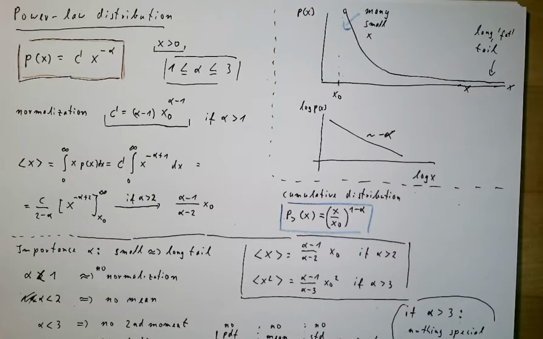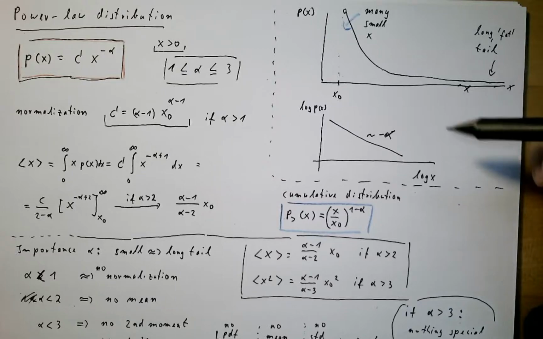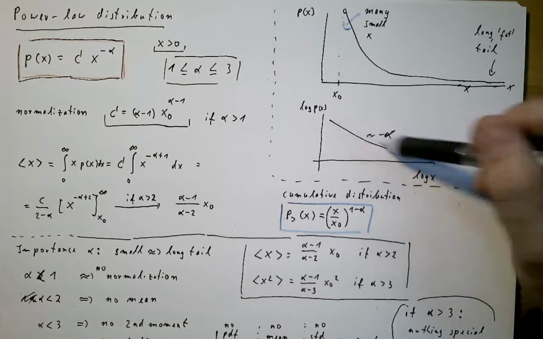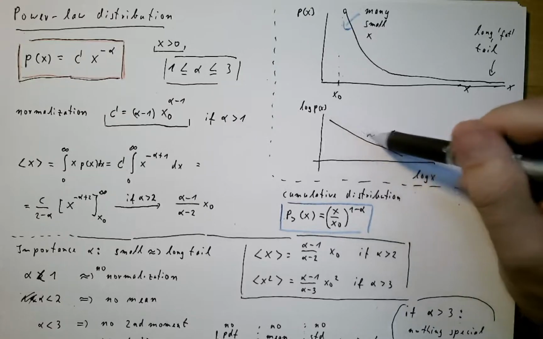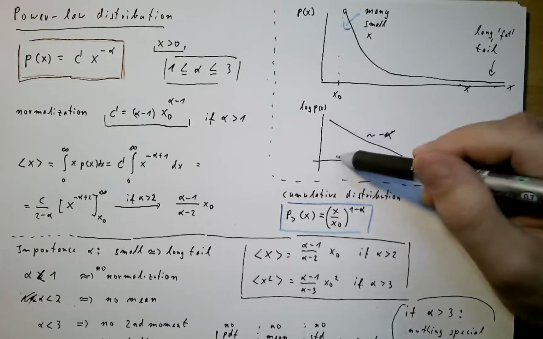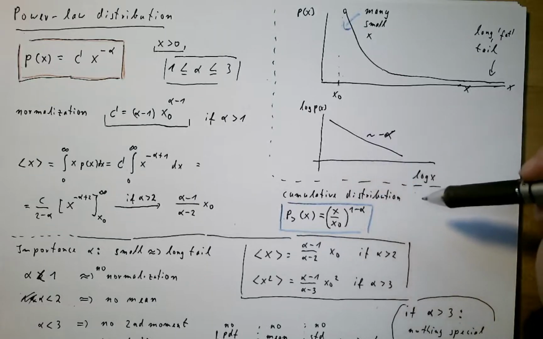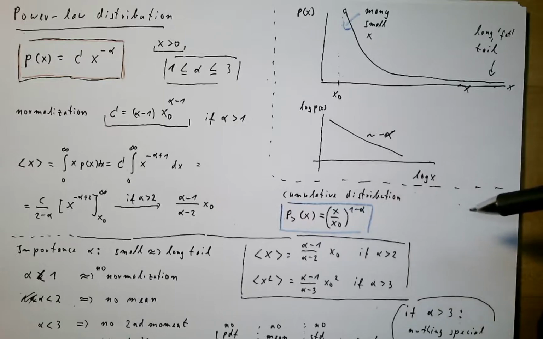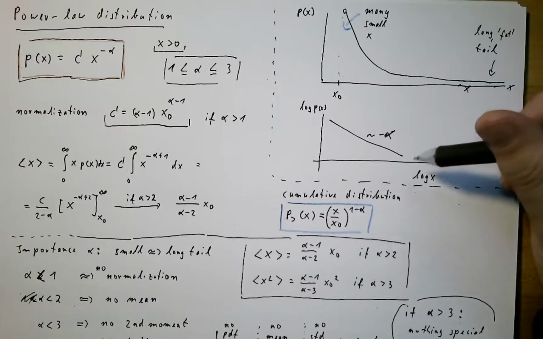But beware, there are many fake or wrong results in the scientific literature, where people did this, saw some kind of straight line, maybe not over many orders of magnitude, and then concluded, oh, my data is power law distributed, whereas later it could be shown it was not a power law.